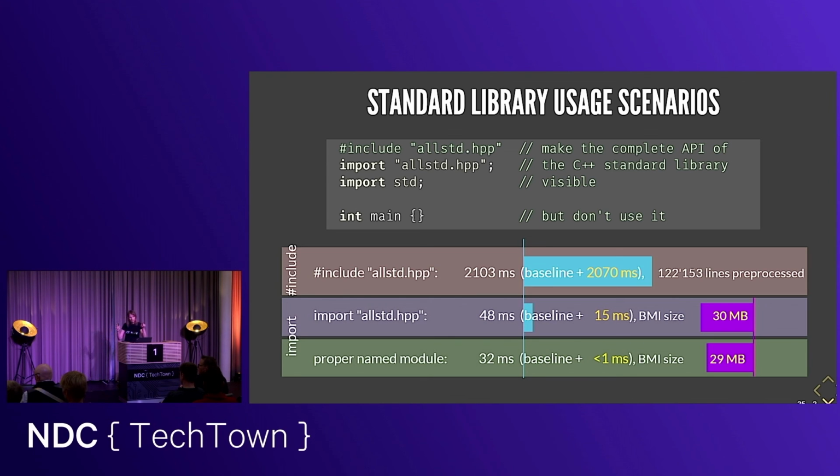And if you just include it, do nothing else, only including, on my system that I have been taking the measurements on, this took a bit over 2 seconds to compile. The header unit import took 15 milliseconds, and the import of a named module was not measurable. I think this is a good reason to use a modularized standard library.